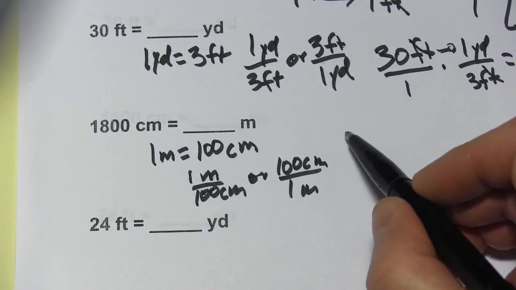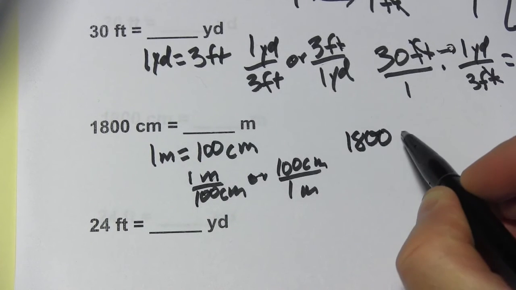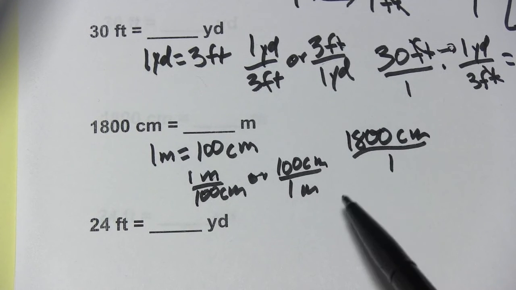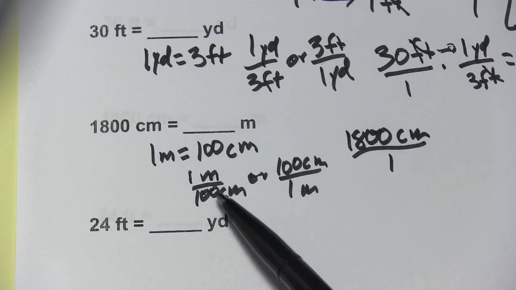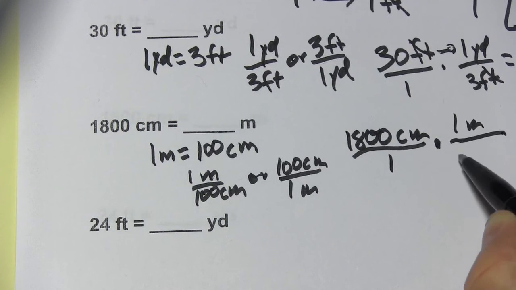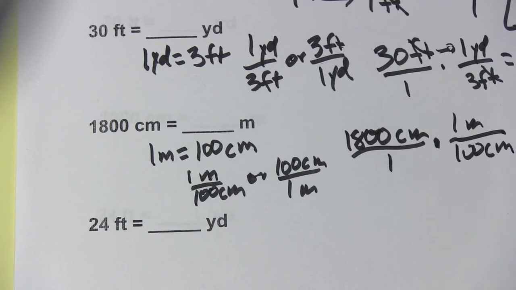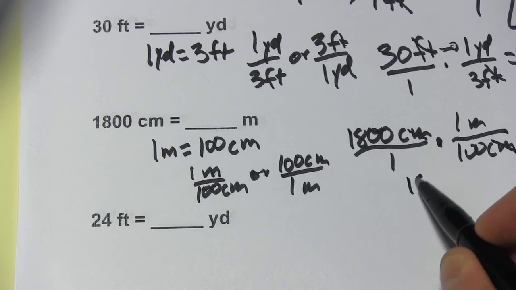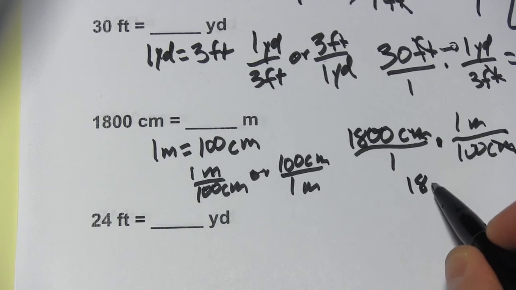Now we'll start with 1,800 centimeters. So we want to choose the conversion factor here that has centimeters on the bottom. That's this one. So multiply by 1 meter over 100 centimeters. Our centimeters will cancel, and we get 1,800 divided by 100. That's 18, and we end up in meters.